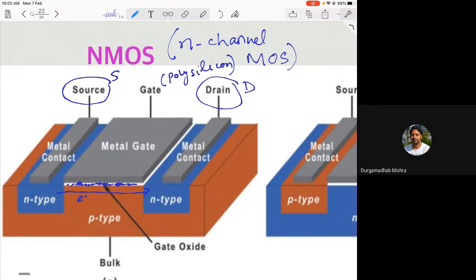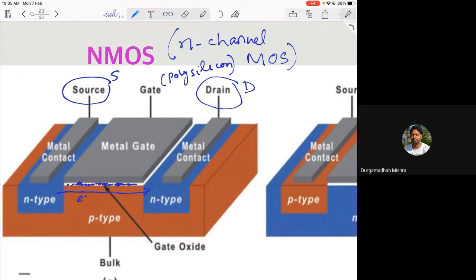Sometimes if you don't use an oxide layer, the device will be called a metal insulator semiconductor FET, MISFET. But in most of these transistors, oxide is used as the insulating material, and that's why the name is metal oxide semiconductor field effect transistor.